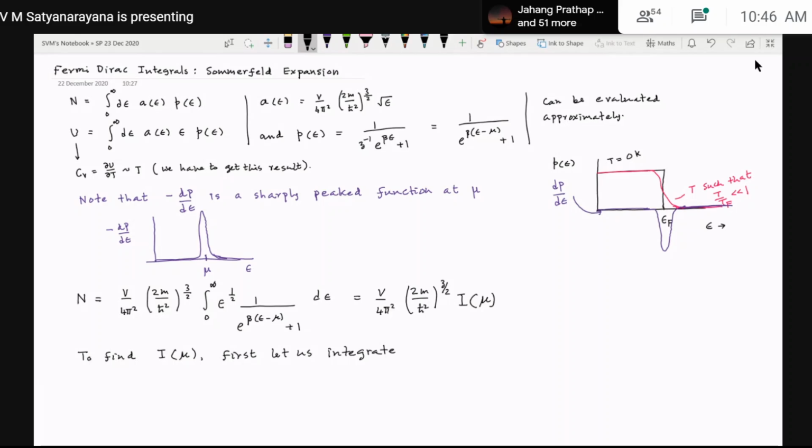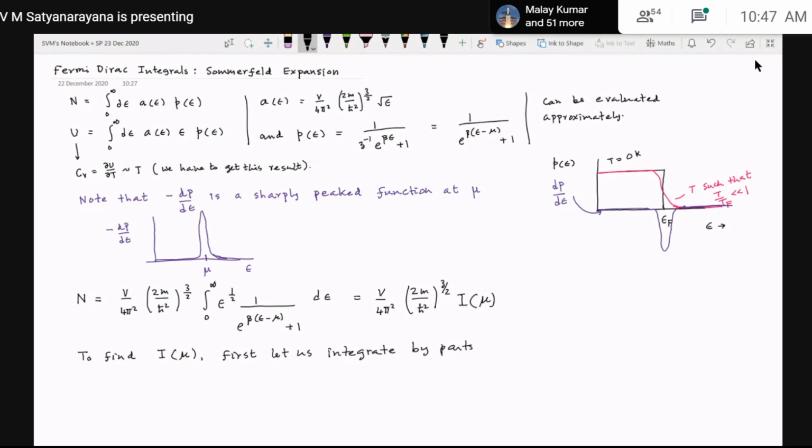Because what we have is P of epsilon, but we know dP by d epsilon is a sharply peaked function. So if we integrate this by parts and get dP by d epsilon, then we can concentrate only around mu. We don't have to worry about other distant energies far away from mu. Okay, so that is what we want to do.